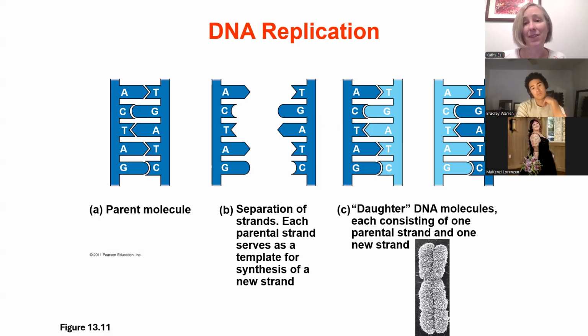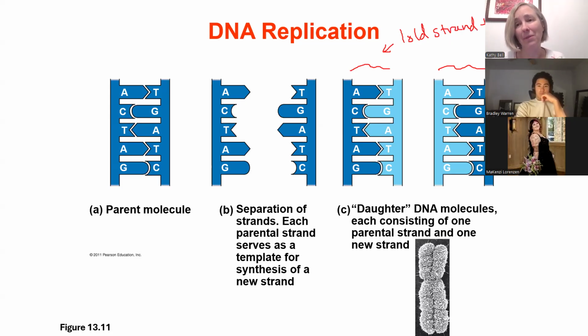Each new DNA molecule is one old strand, in dark blue, plus one new strand, in light blue. So when we make a new DNA molecule, it's going to be made of one old strand and one new strand of DNA.